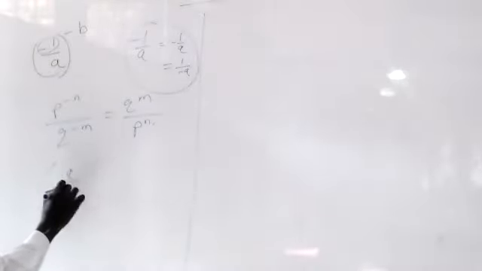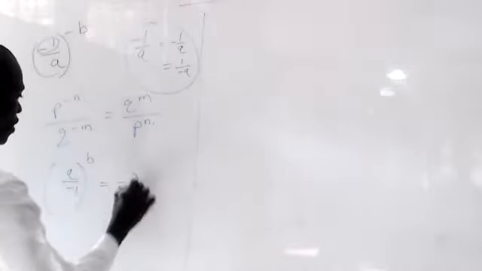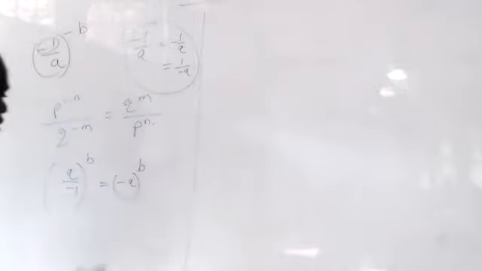So I will have a divided by -1, raised to b. I've changed the sign of b. The sign of the base does not change. Now remember that any number divided by -1 is the additive inverse of that number. So this should simply be the negative of a raised to b.